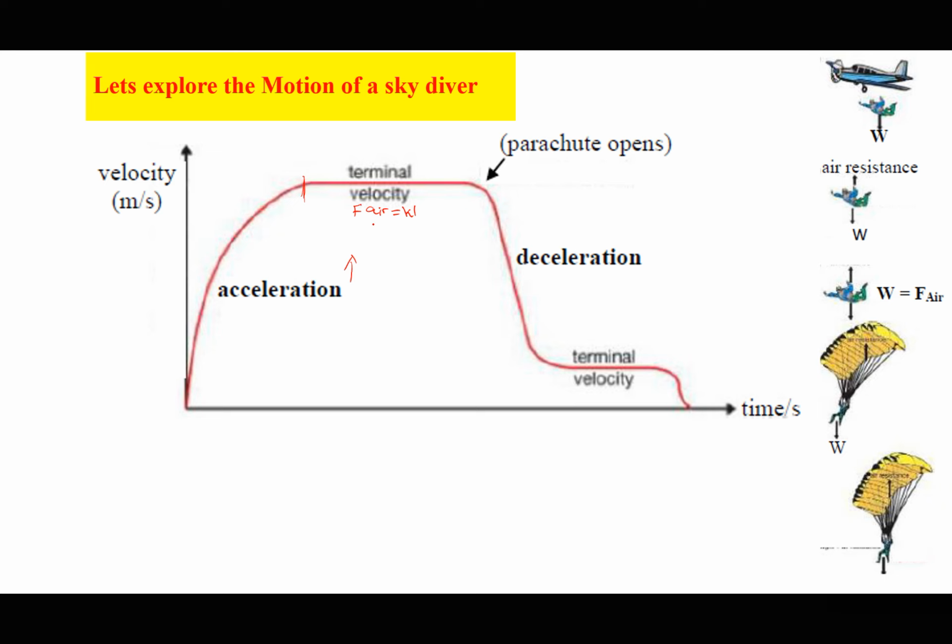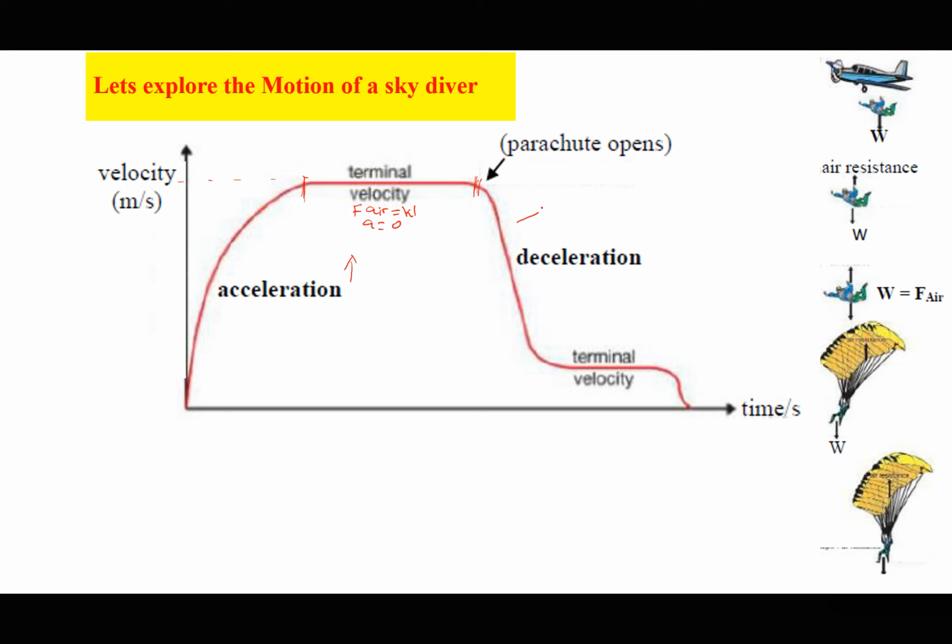So we have reached terminal velocity because the acceleration is 0, but this terminal velocity is very high. Then, when they open the parachute somewhere here, what happens to the force due to air resistance?